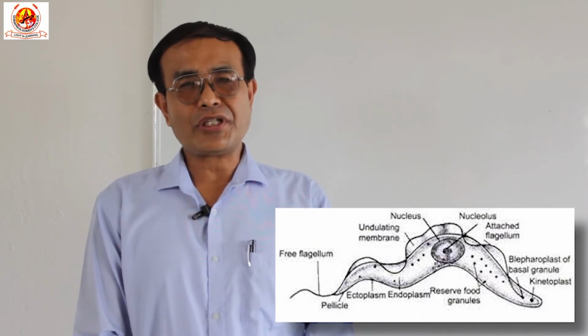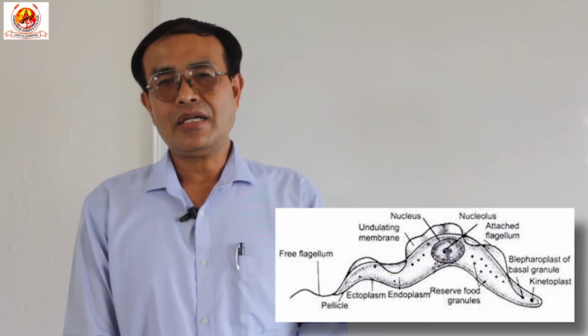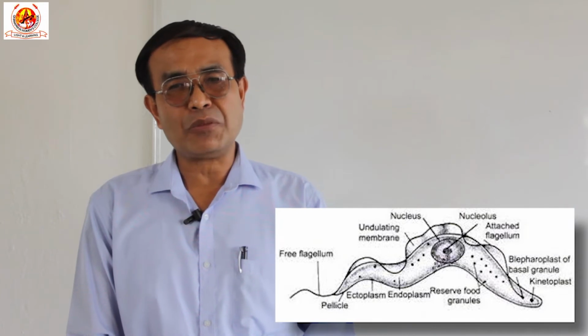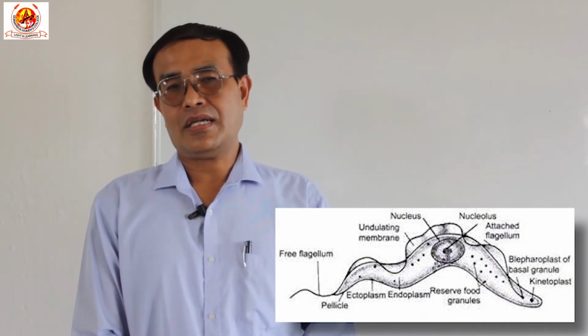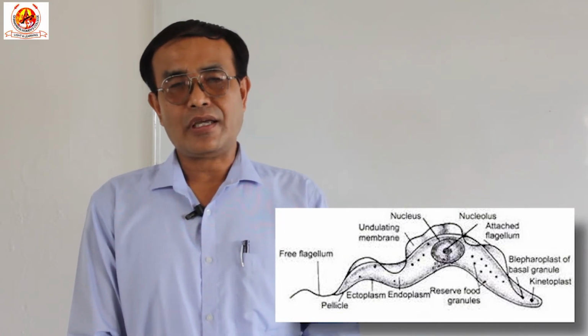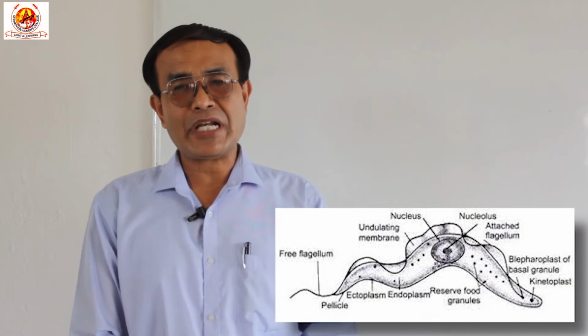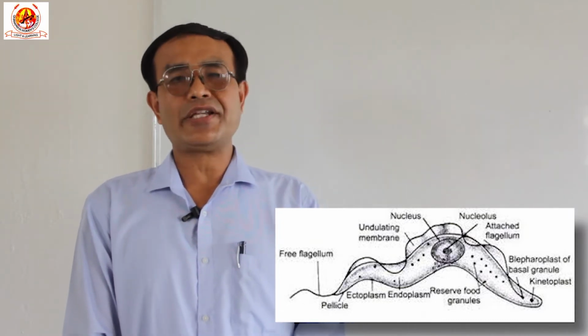The body is surrounded by a thin elastic firm pellicle. The pellicle maintains the general shape of the body, and it is extended on one side of the body in the form of a membranous fold, and this membranous fold is known as the undulating membrane.